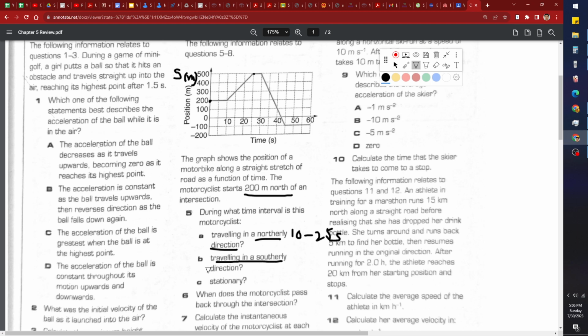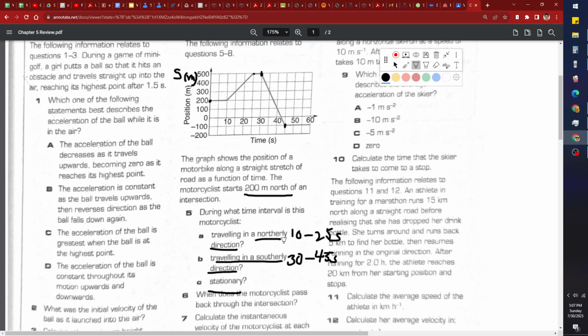Traveling in a southerly direction, part B. Well, we said that southerly means the opposite. We're going to lose displacement, so it's going down this way. And we can see it starts going down here, starting from 30 seconds and stopping here at 45 seconds. So from 30 seconds to 45 seconds, it's going south because we're losing displacement.